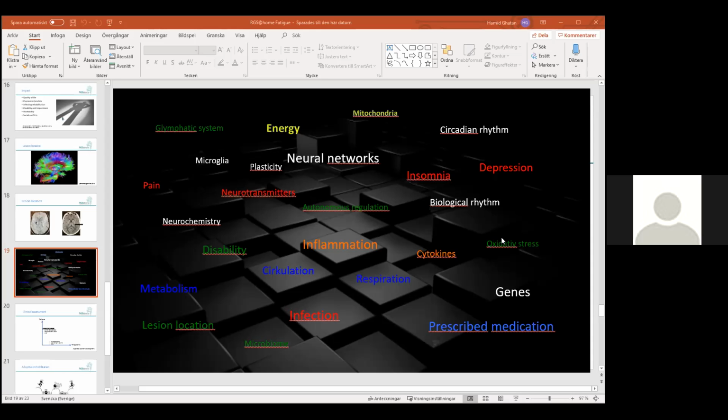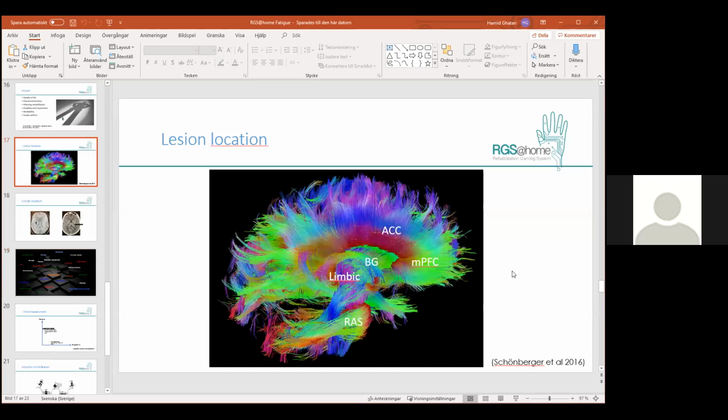First of all, thank you for the presentation. It was quite interesting, especially for me, because I'm interested in how things work at the system level, at the network level. If I remember correctly, you mentioned that some of the regions where lesions correlated with fatigue were, for example, the prefrontal cortex, right? It was, I think, Schoenberger, exactly. And the anterior cingulate, right? Yeah. Basal ganglia, limbic area.